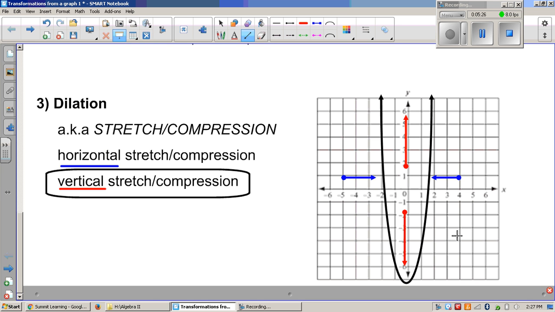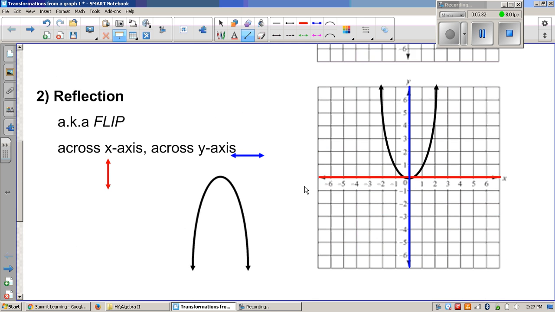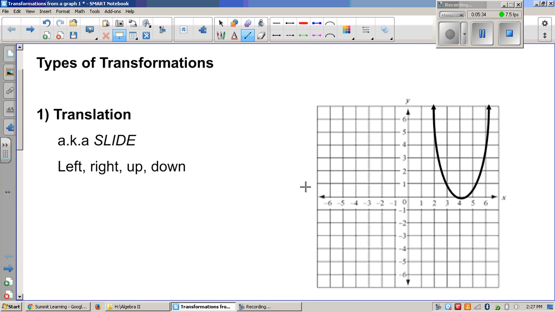Those are two different ways to see that. But just remember, dilation is just when you're changing the shape. So that's just a quick overview of the different types of transformations that you're going to be talking about in this focus area. Hope this video was helpful.